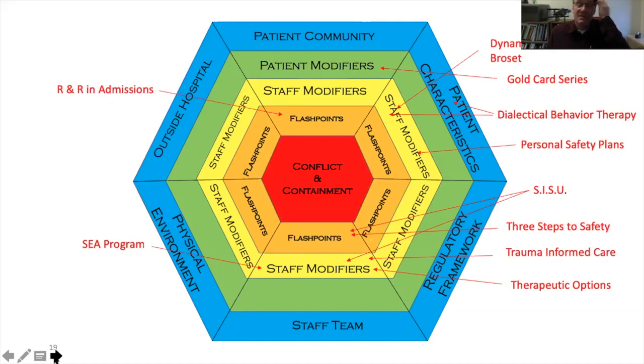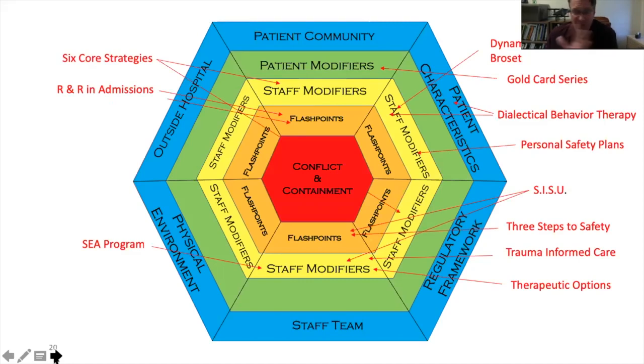R&R admissions. This is a program based on the evidence that low stimulation can be very effective, particularly on admission units. And so this is a program that for patients who are having difficulty, they can go to a very low stimulation environment, and it's shown to be effective, at least at this hospital. And you may have heard the 6 core strategies.